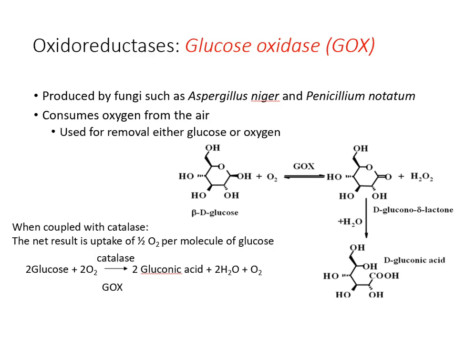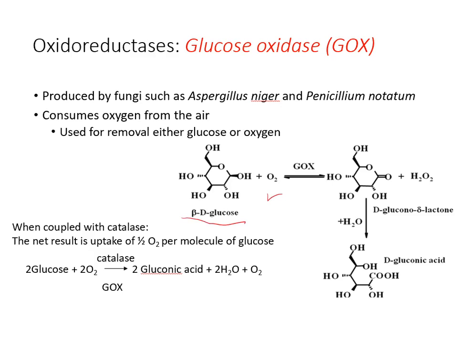This enzyme is produced by fungi Aspergillus niger and Penicillium notatum. It catalyzes glucose oxidation by consuming oxygen from the air, the molecular oxygen. So we have glucose here, in beta form, beta-D-glucose, and the other reactant is oxygen.